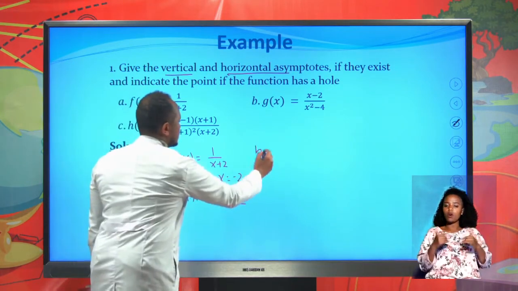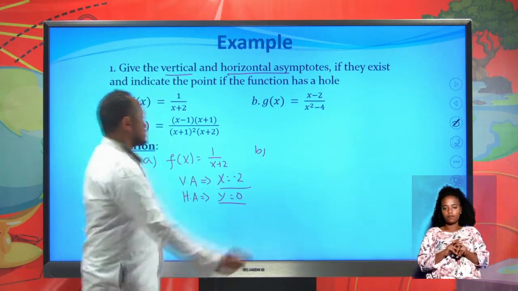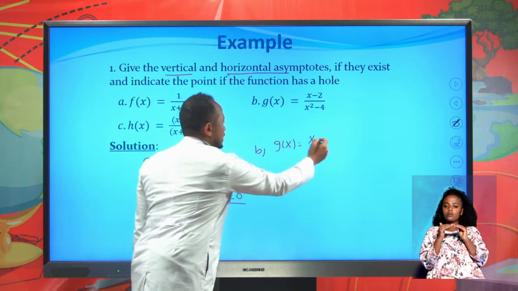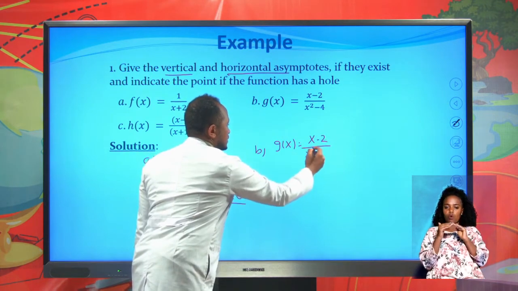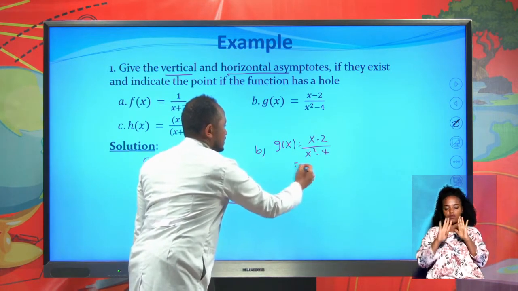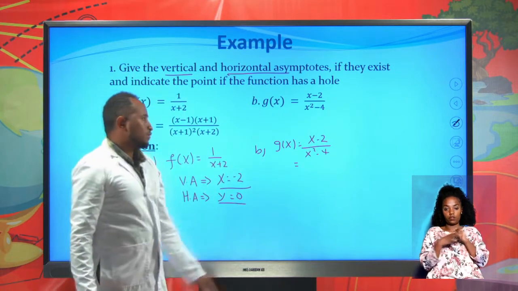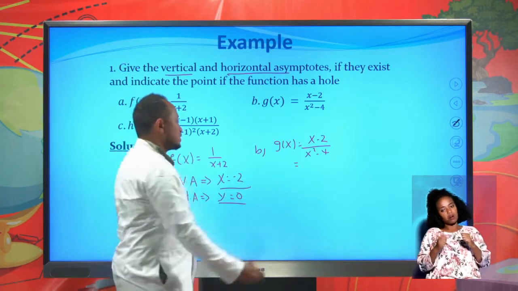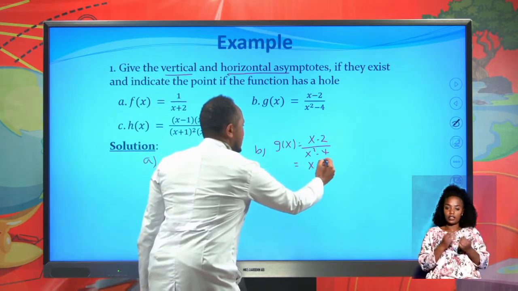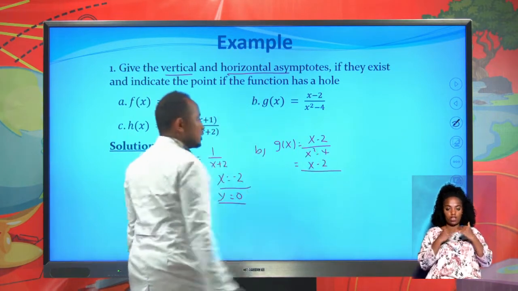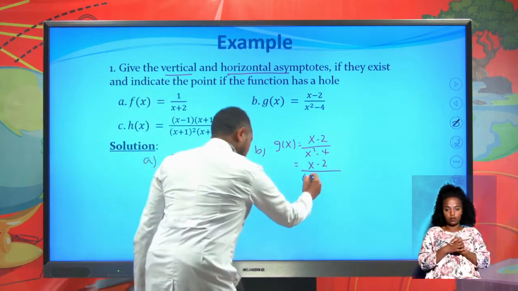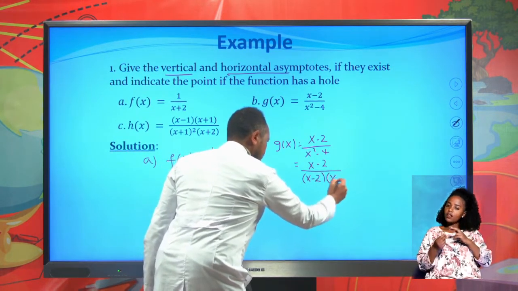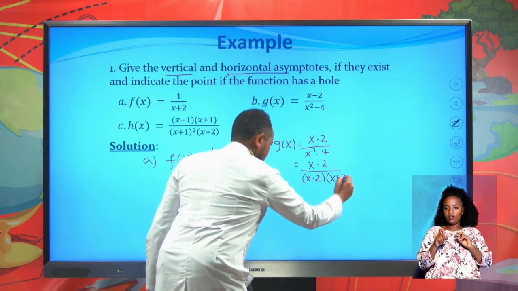Now let's see B. g of x is equal to x minus 2 over x squared minus 4. To find the asymptote, first let's factorize the denominator, to see whether this will simplify or not. x squared minus 4 means it is x minus 2 times x plus 2.